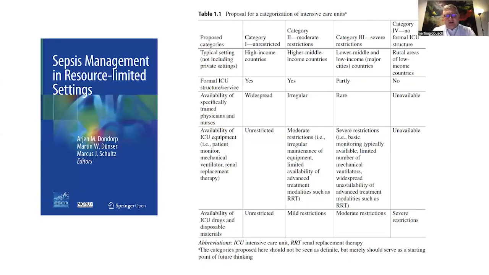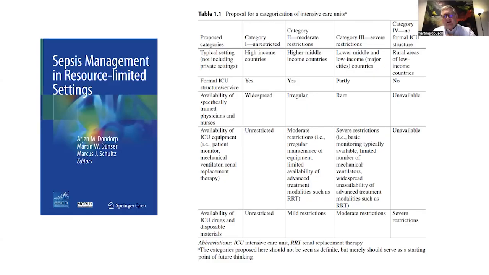Now, I'm focusing on sepsis in low and middle income countries, and with reference to this excellent reference source, I would like to start with reminding us that if we talk care of sepsis, there are different standards, of course.